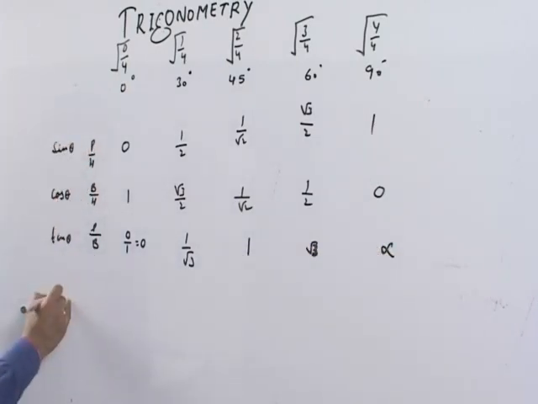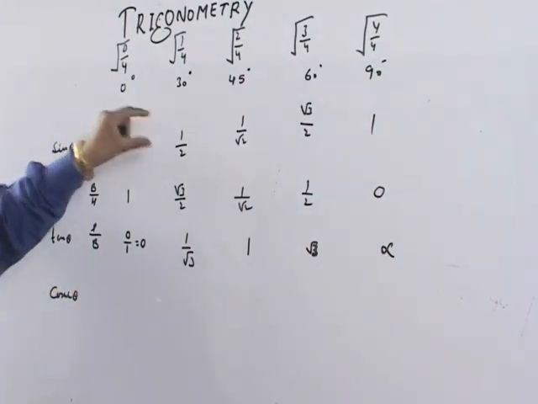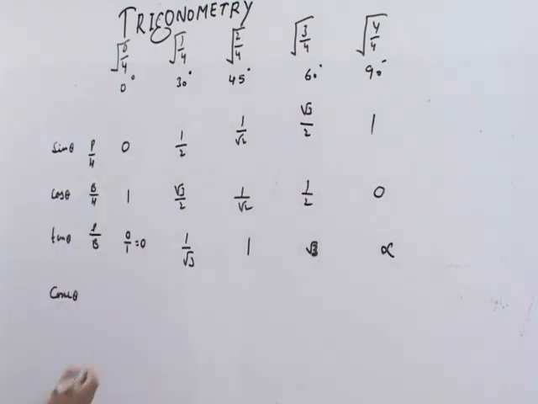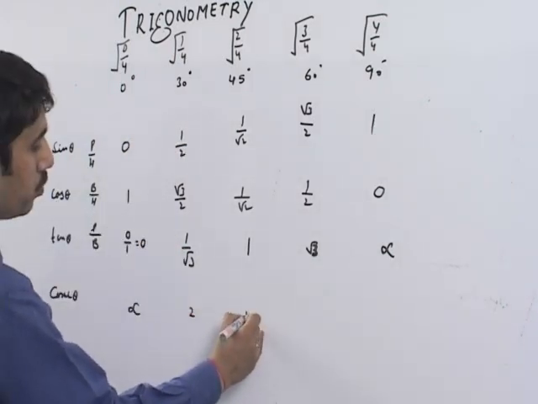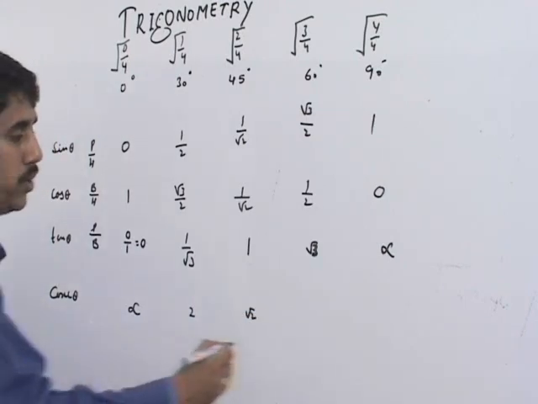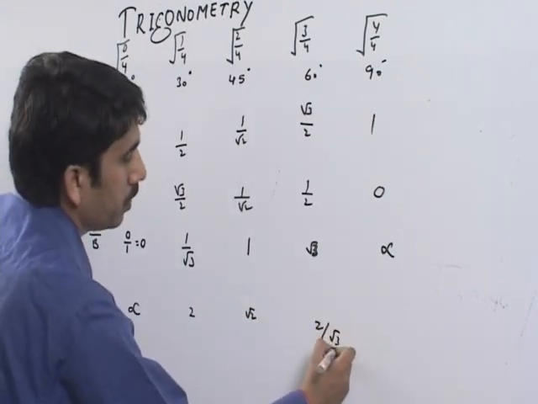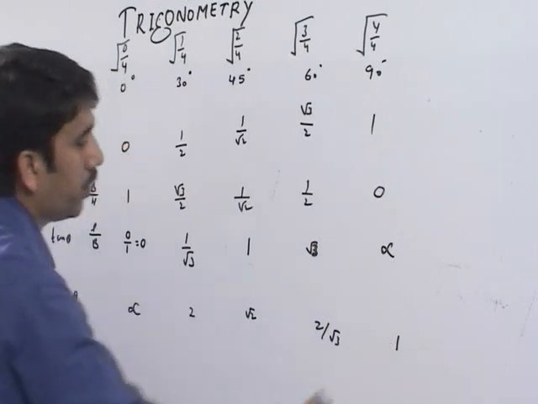Similar for cosecant theta, just take reverse of these terms, like 1 over 0 is infinity, 1 by 2 is 2, 1 by root 2 becomes root 2, 2 by root 3, and then 1.